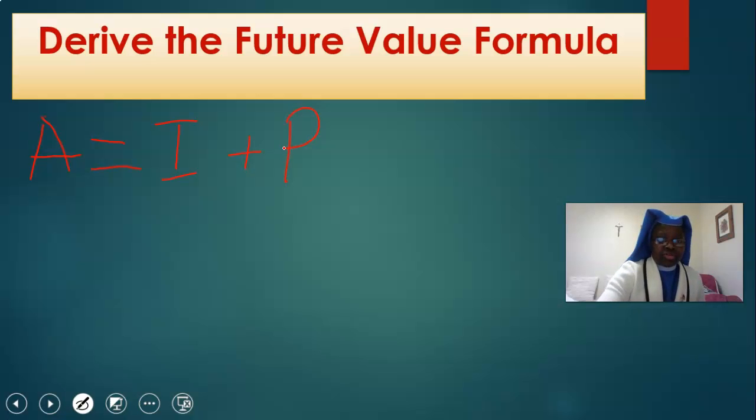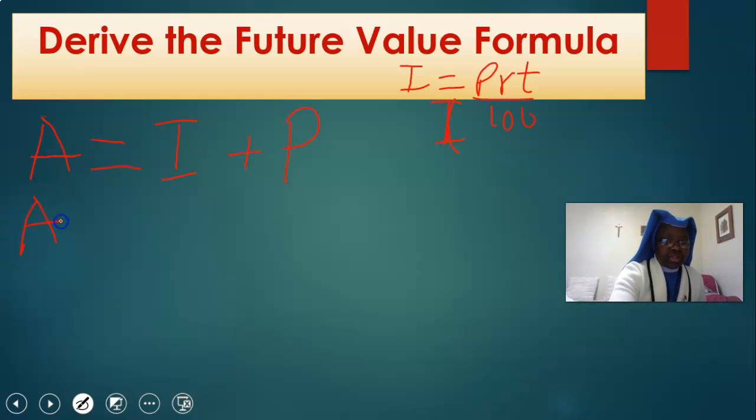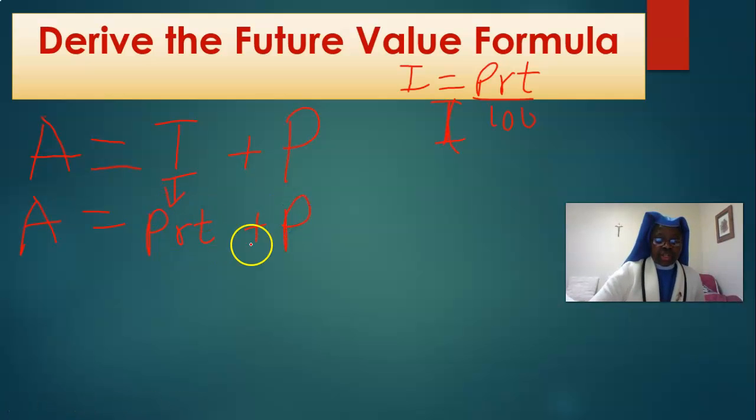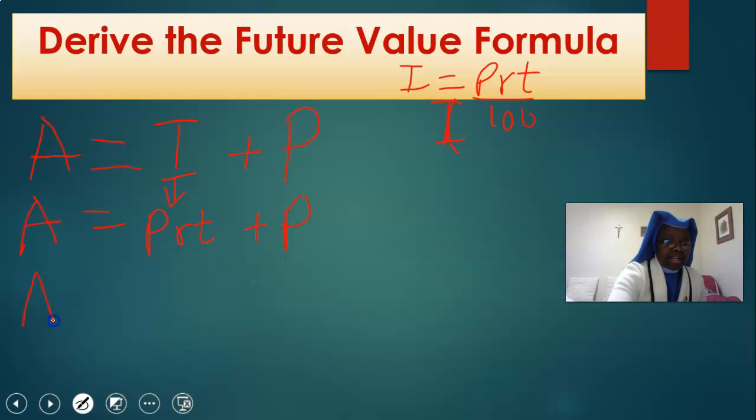And since interest is principal times rate times time, all over 100 if you wish, we can use substitution and replace I with PRT plus P. Once we substitute, you see there are two terms here, PRT and P. P is the same, so we can factor P out.